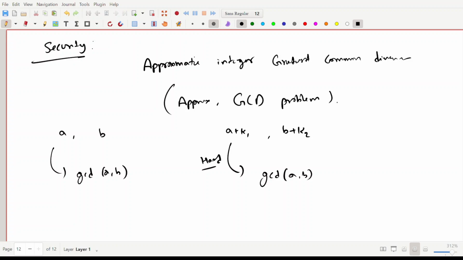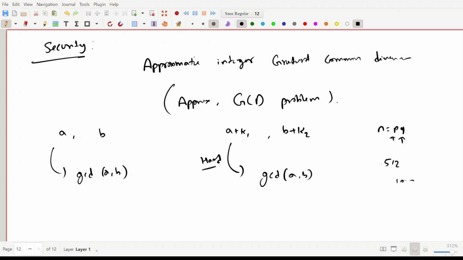And then again there was some question about the security. That means how much security should be there for the approximate GCD problem. See, for any hard problem there is some security analysis, because even if you take the integer factorization problem, if you take a small number then it is easily factorizable. Correct? So there should be a security notion, some 512 or 1024 bits.